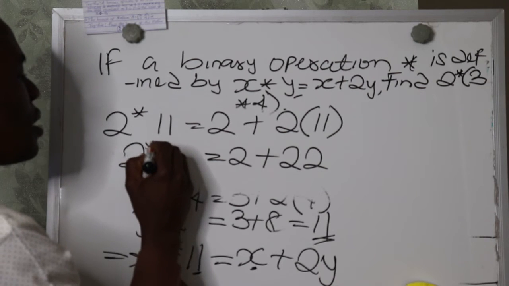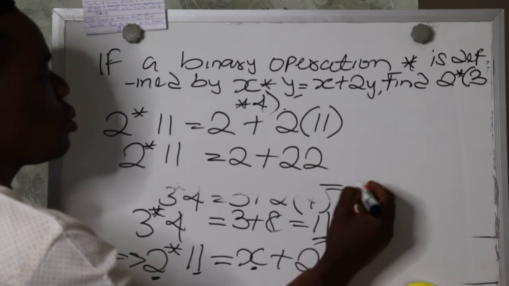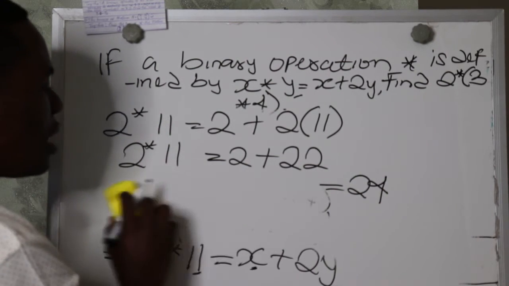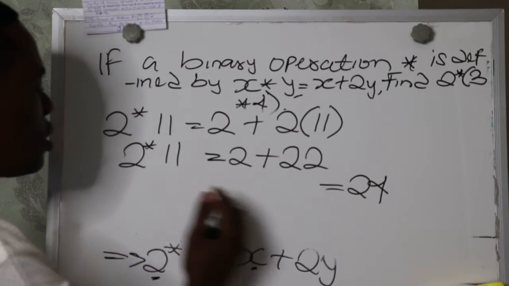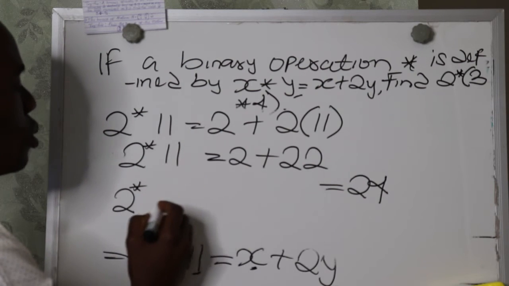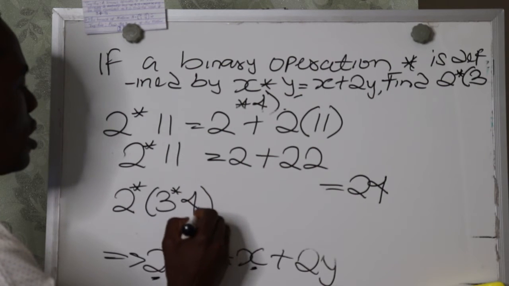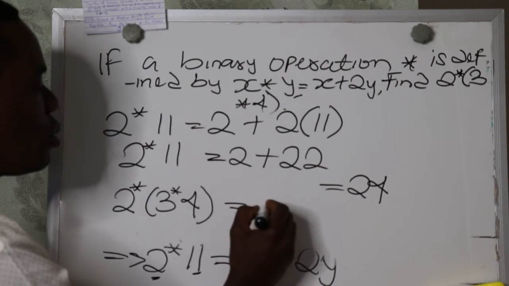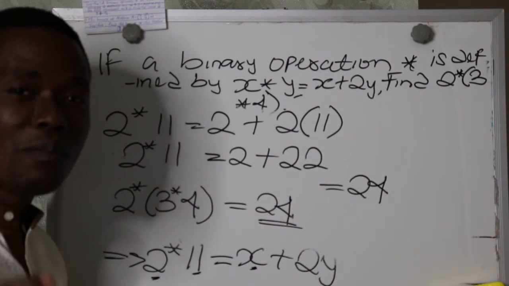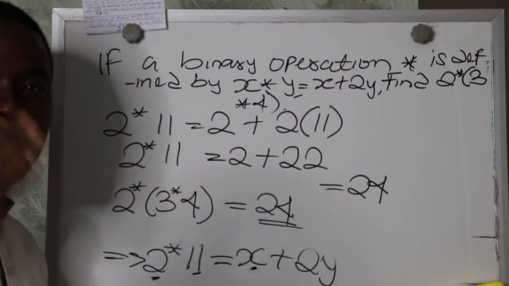So 2 asterisk 11 will be equal to 2 plus 22. That will give us what? 24. So finally, the solution to 2 asterisk bracket 3 asterisk 4, the solution to this binary operation given to you, will be equal to 24. Remember, 1 minute 30 seconds to these questions, or at most 2 minutes.